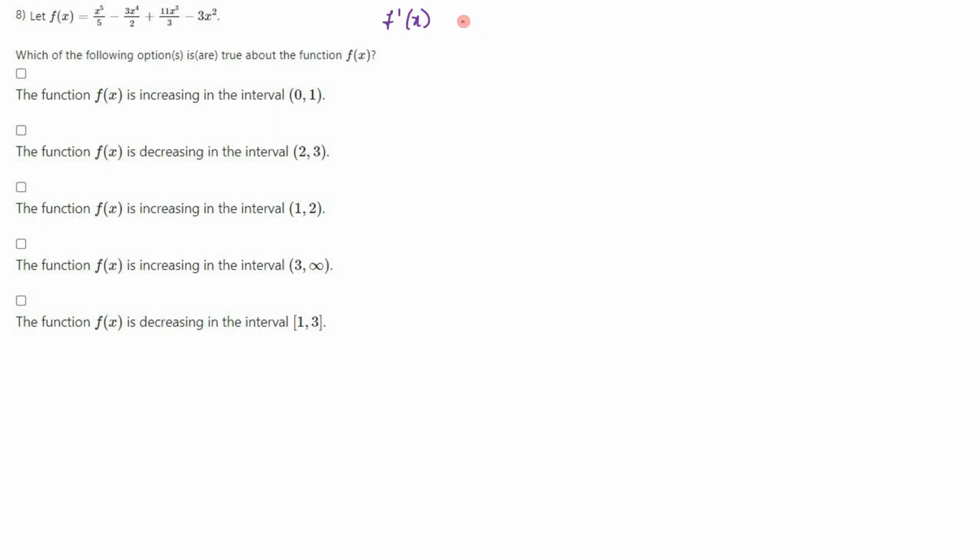Differentiation of x to the power 5 is 5x to the power 4. 5 and 1 by 5 will be cancelled, so we'll have x to the power 4 minus 3 by 2 into 4x cube plus 11 into 3x square divided by 3 minus 3 into 2x.